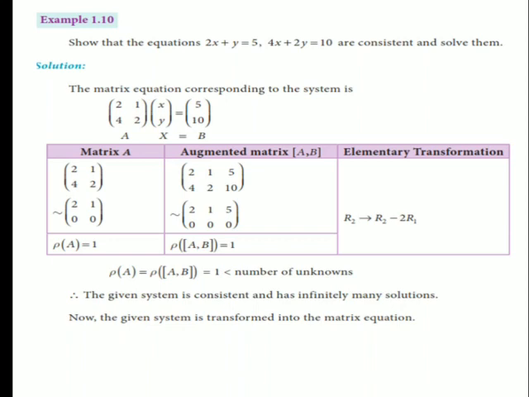Now the given system is transformed into the matrix equation [2 1; 0 0][x; y] = [5; 0]. Then you write it in equation form: 2x + y = 5.